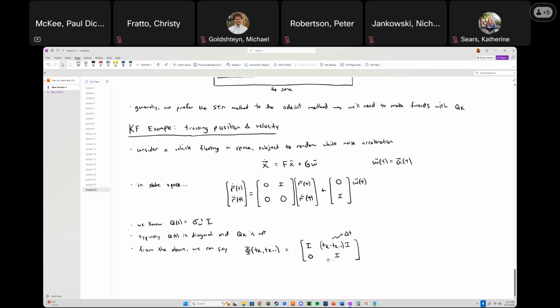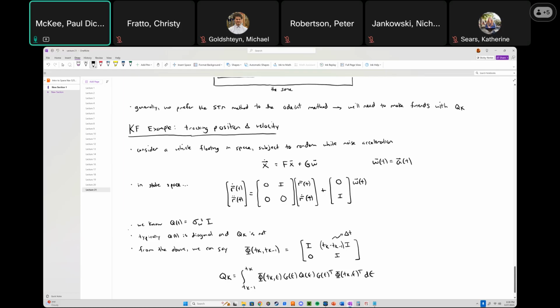So QK is the integral from tk minus 1 to tk of phi(epsilon to tk) Q(epsilon) G(epsilon) transpose, phi(epsilon to tk) transpose d epsilon. Gosh, we have this memorized because we wrote it so many times the other day.